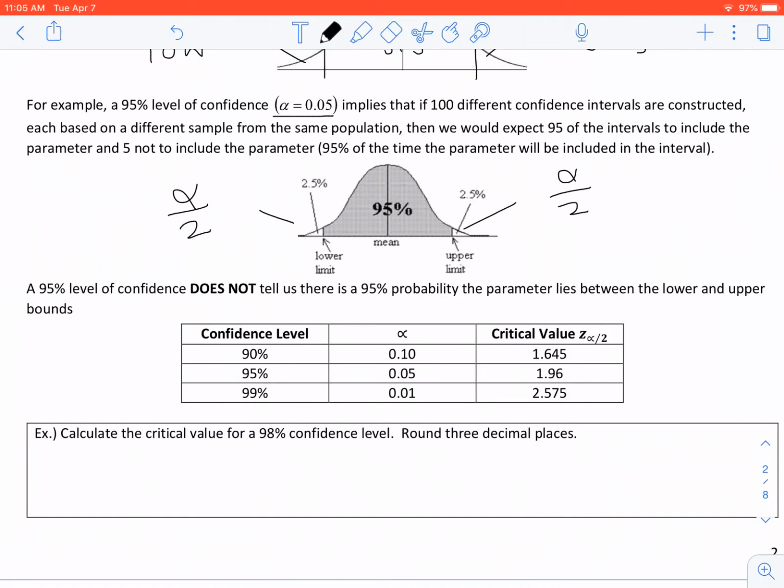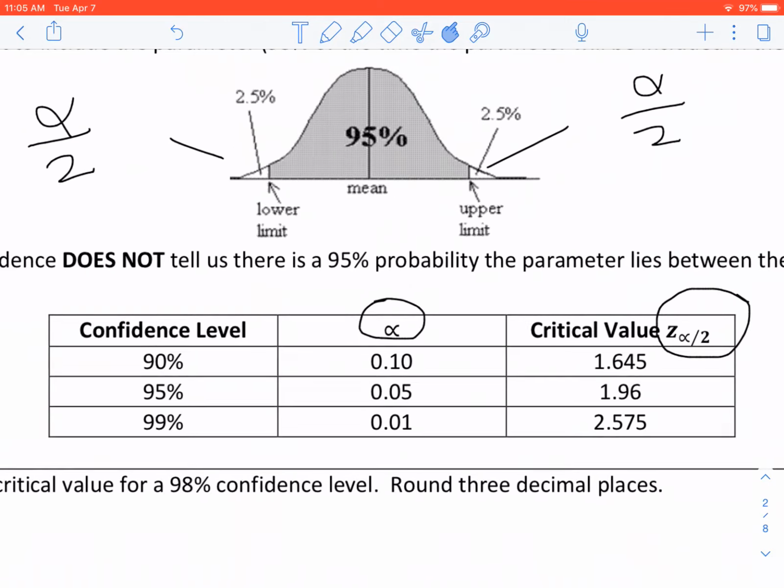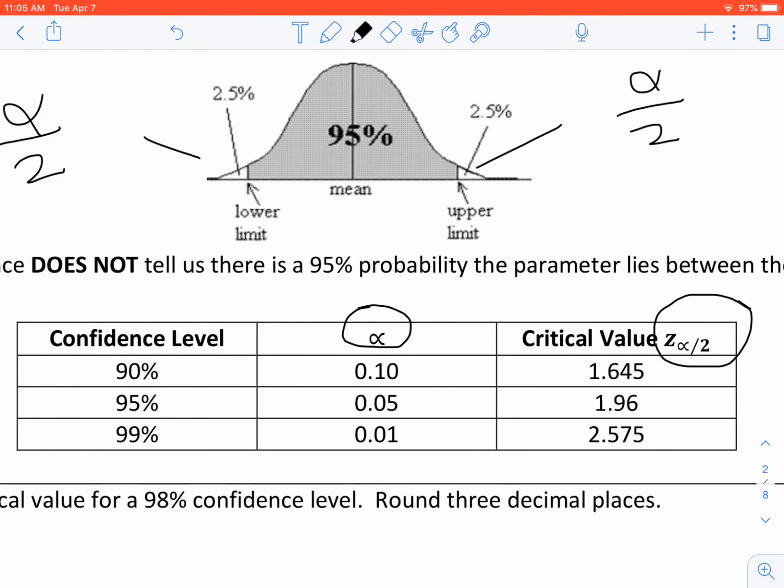So here we have our critical values. And I want you guys to notice it does say Z alpha over 2 over here. And we have our alpha values. To figure out alpha, it's going to be 1 minus our confidence level.